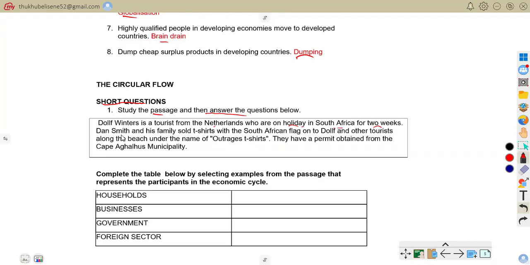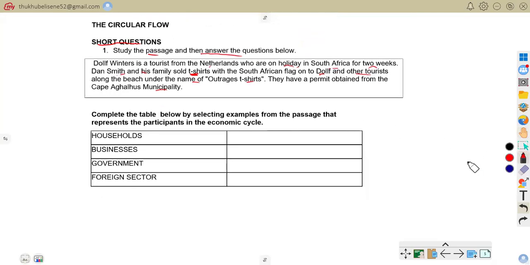Dan Smith and his family sold T-shirts with the South African flag to Dolph and other tourists along the beach under the name of the outrageous T-shirts. They have a permit obtained from the Cape Agulhas municipality. Now we have to answer the questions by completing what?